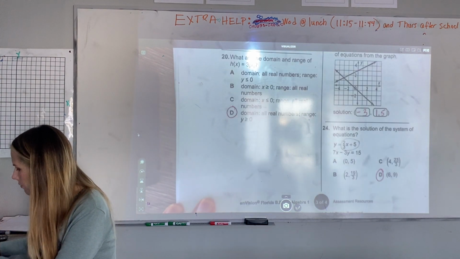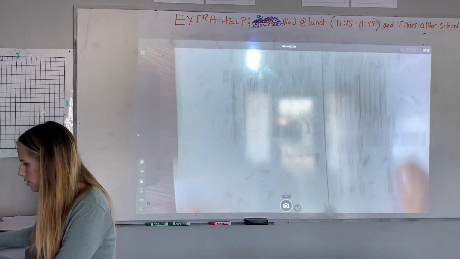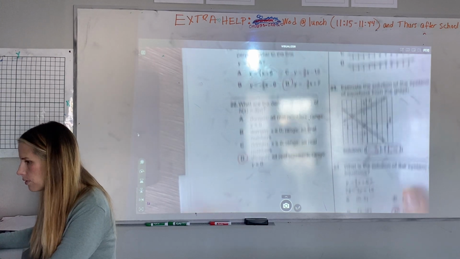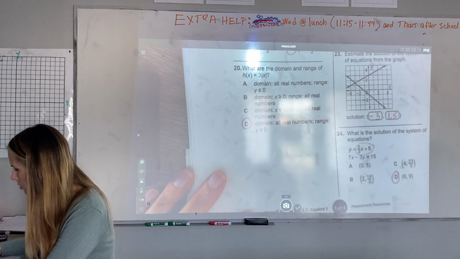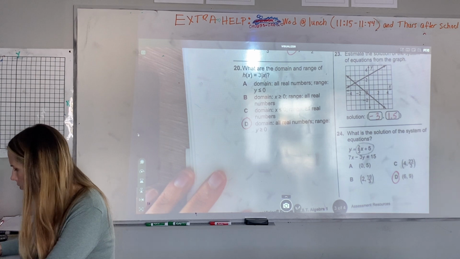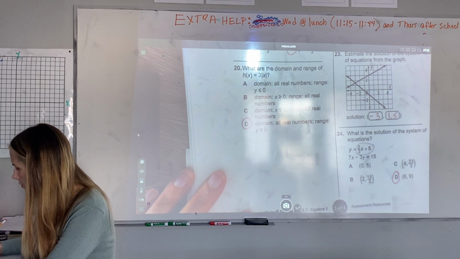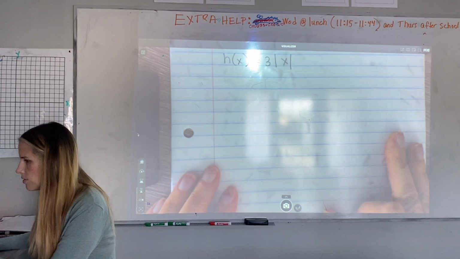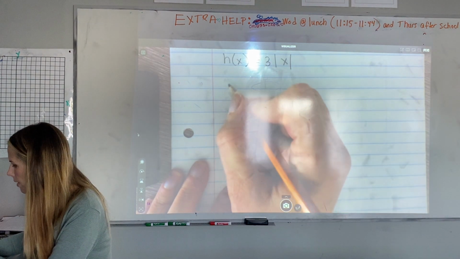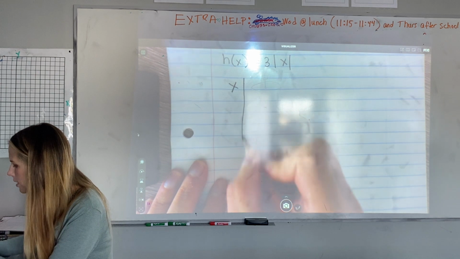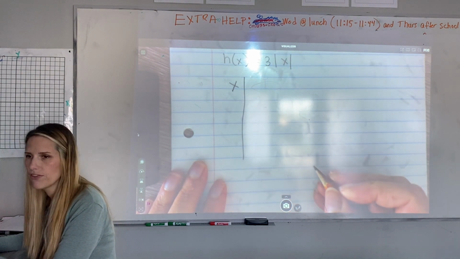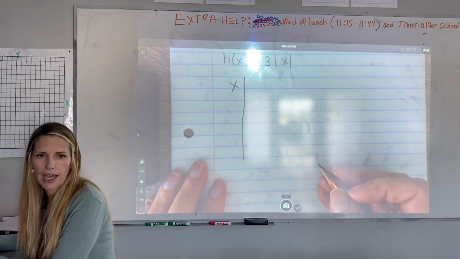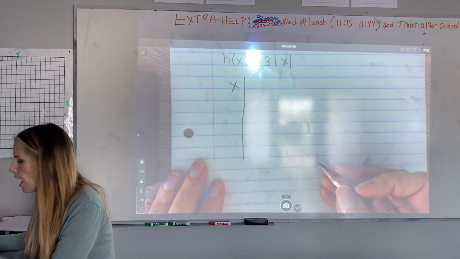So if I have h of x equals 3 times the absolute value of x, I can literally make a table that solves for that. So I'm going to make up some input values. And we know that when we make up input values, we want to include negatives and a 0, especially with absolute value.